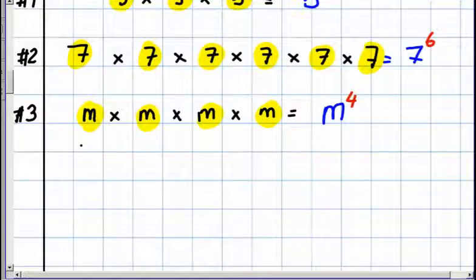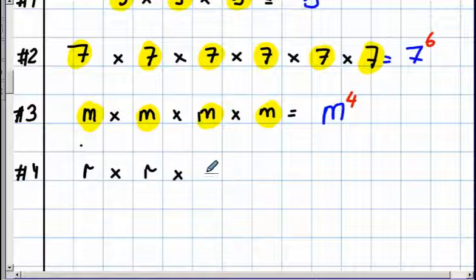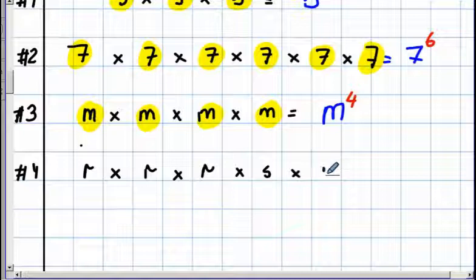Very good. Now, one more example, but this time we've got 2 letters. Here you go. R times R times R times S times S. Now, how can I write that using index notation?